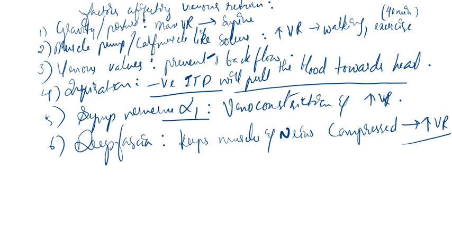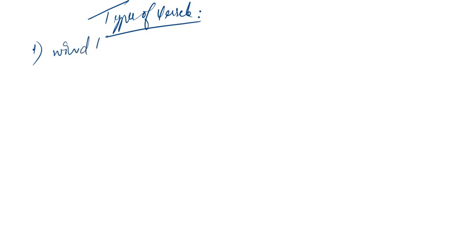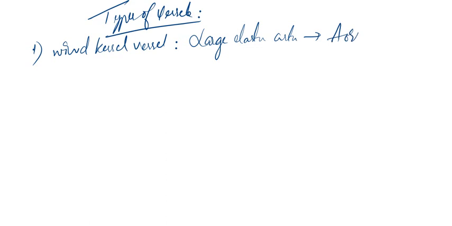We will discuss some different types of vessels. Okay, now the first one is the Windkessel vessel. Windkessel vessels are large elastic arteries like the aorta.